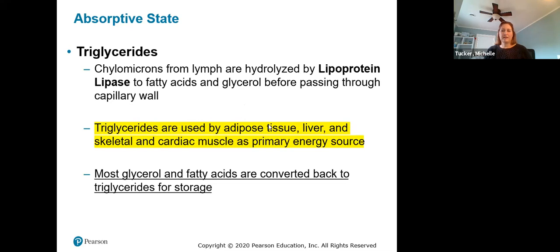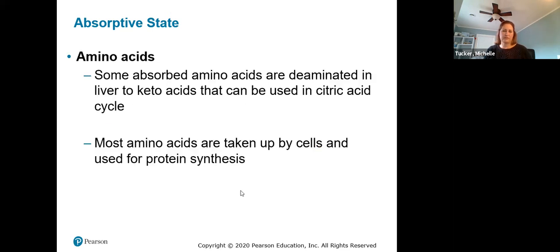Triglycerides are used by adipose tissue, liver, skeletal muscle, and cardiac muscle as the primary energy source. In the absorptive state, most are going to be converted back to triglyceride for storage.